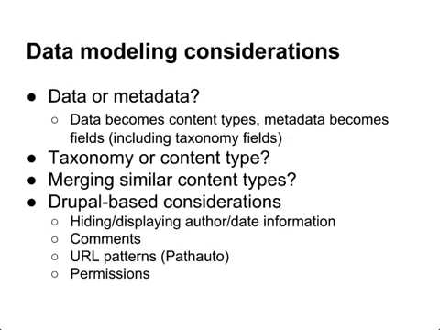So here we have again the question of taxonomy or content type for certain fields. Let's say, for instance, we want to store information about where the founding fathers attended university. How are we going to store the information about those universities? Are we going to have a content type for universities that includes a paragraph about the history of the university, its geographic location, who the president of the university was at that time?